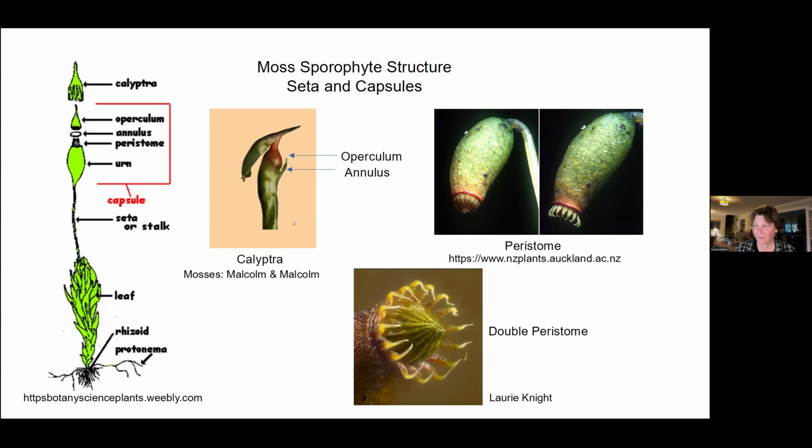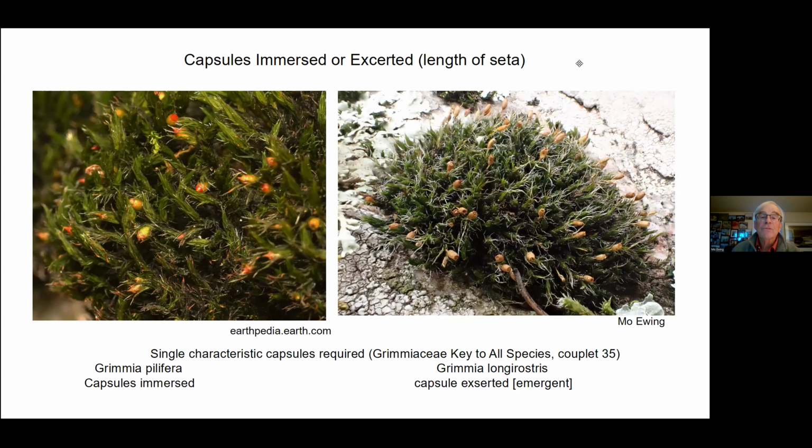We'll start out with the capsules. We'll start out actually with the seta. And one of the ways of distinguishing species is the length of the seta. Now, let me just step back for a minute and indicate what I've done here. What I did was that I looked into the keys and found particular couplets in various keys.